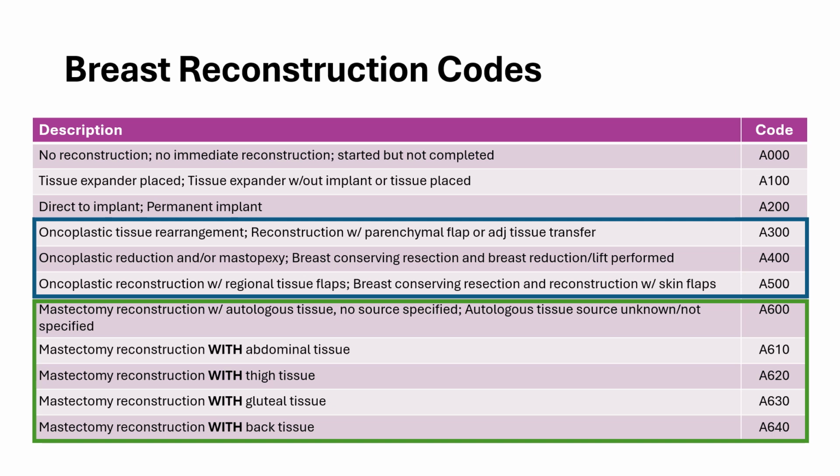If you know the area in which the tissue was taken from the patient for reconstruction, then code what is specified, such as A610 if it comes from abdominal tissue, or A620 if it is from thigh tissue, A630 if it's from gluteal tissue, or A640 if it's from tissue from the back.